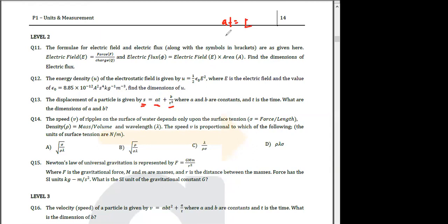L. So the dimension of A is length by time, which is L T to the power minus 1. In the same way, B T square should be equal to length, so the dimension of B should be L into T to the power minus 2. Simple. That is the answer.